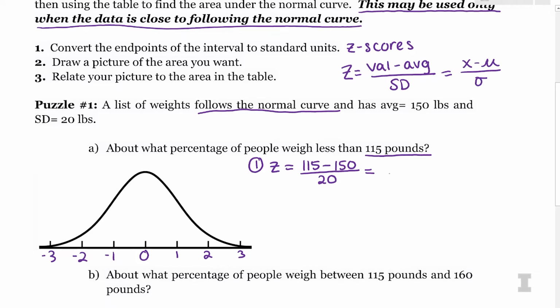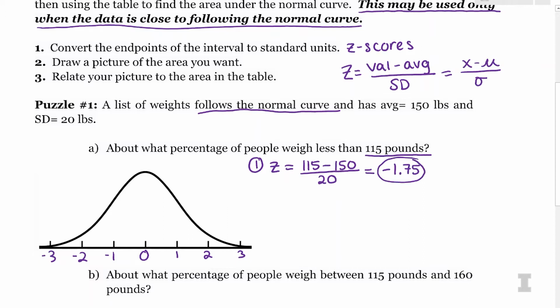So I get a z-score of negative 1.75. What this is saying is that 115 pounds is the same as a z-score of negative 1.75. 115 has the units of pounds. Negative 1.75 is in standard units. It doesn't have any units.